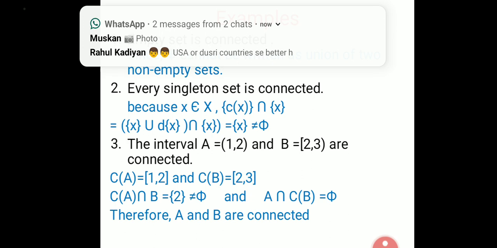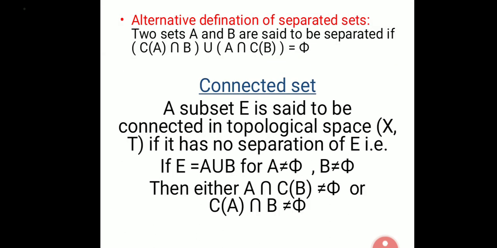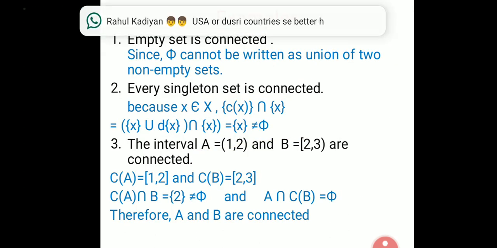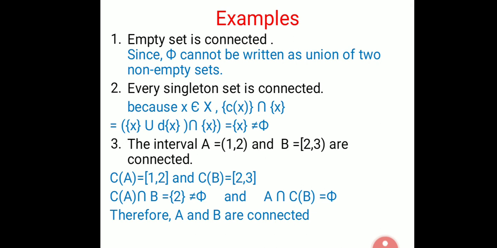Example 3. The intervals A = open interval (1, 2) and B = closed interval [2, 3] are connected.